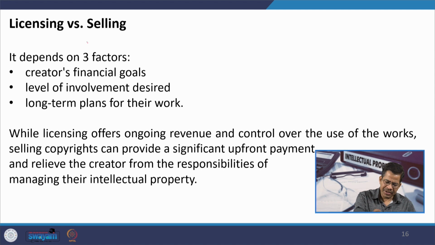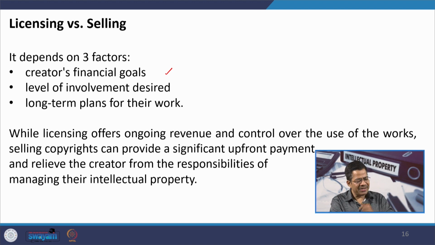We just discussed that there are two possibilities, either you can license or you can sell, depending upon whether you want regular income or one time income. When you want regular income, you will like to go for licensing. When you need immediate money, you will like to go for selling.